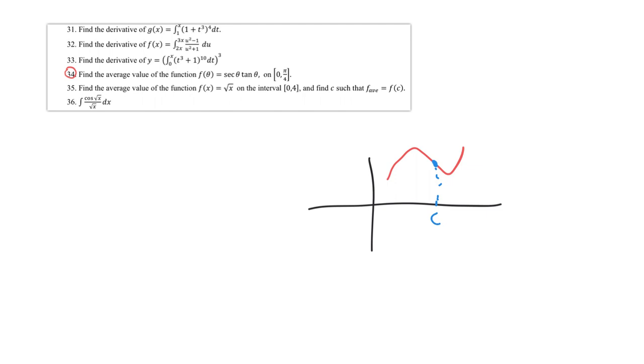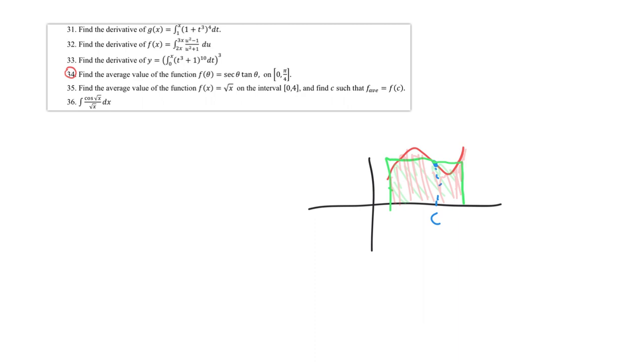We call it c. And it is such that the rectangular form on a particular interval there, the area of that rectangle rather, would actually equal the area under the curve, which is in red. In that interval there.